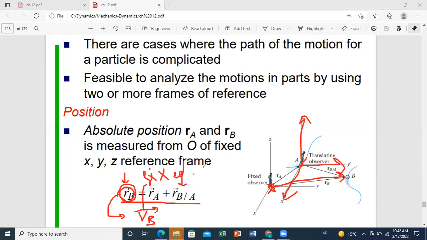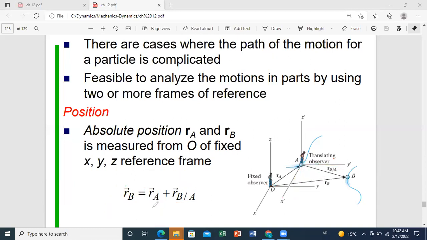This is why when you derive this position vector, you get VB measured by the fixed frame. Now, if you consider the derivative of RA, RA represents the vector OA, and since OA is measured with respect to O, which is the origin of the fixed frame, when you derive RA with respect to time, you get the velocity of A measured in the fixed frame also.